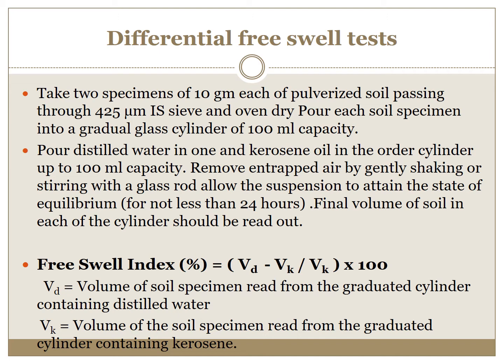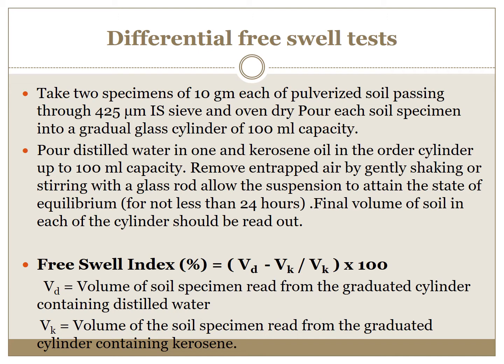In the differential free swell test, first we have to take two soil samples of 10 gram each, and then pass these soil samples through a 425 micron sieve, and then oven dry.